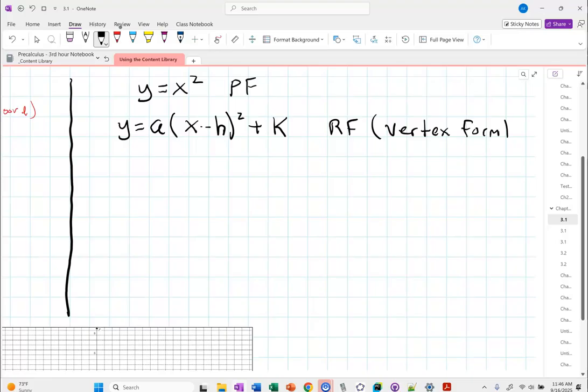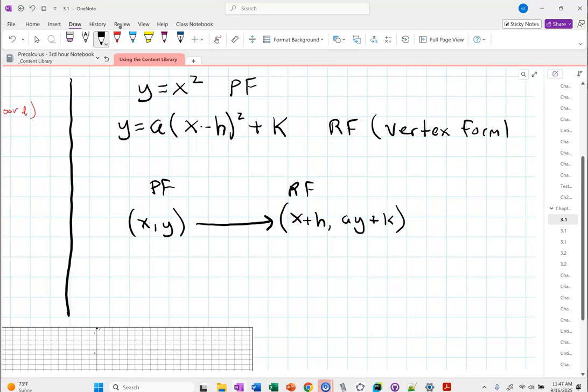And the idea is you can take some point on the parent function, some (x, y), and you can transform it to some point on the resultant function by taking that x coordinate and adding h to it, and taking your y coordinate and multiplying it by a, and then adding k to it. Right? You kind of remember doing that?